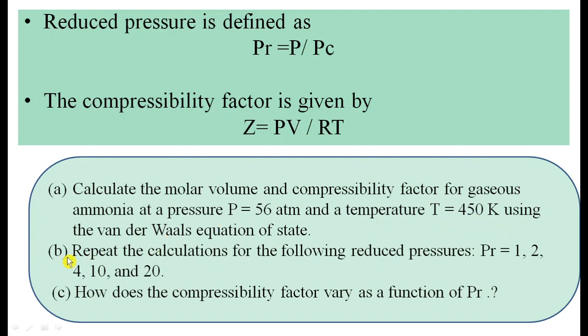In the second objective, we want to repeat the same calculation, but instead of P = 56, we use different values of reduced pressure, calculate the pressure for those values, and then obtain the different molar volumes and compressibility factors. In the third, we are going to plot the compressibility factor as a function of pressure.